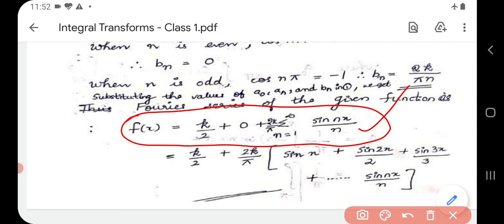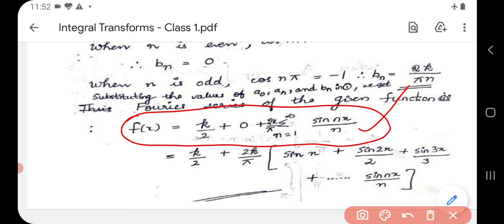Now when you take n as odd, then bn has a value. So you can write this Fourier series in two forms: one form when bn is 0, and the other when bn is 2k by pi n, depending upon whether n is even or odd. No matter, you can write a single equation, but if you present both the results, that will be good.